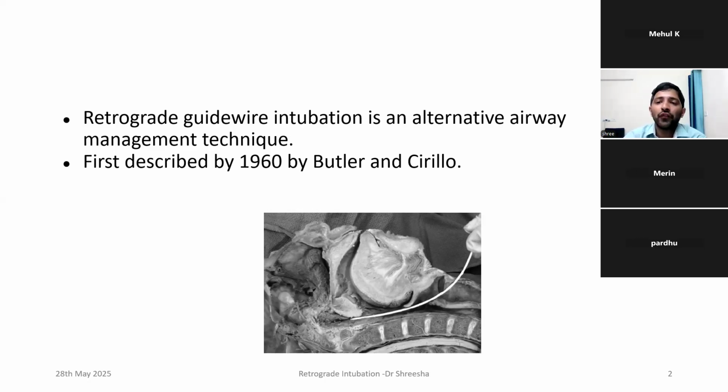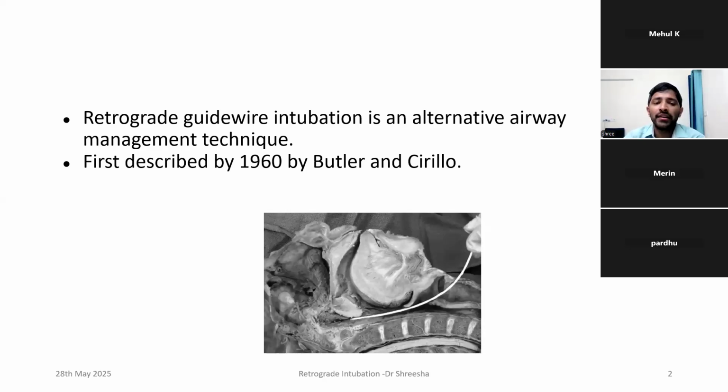It is also used as part of failed airway techniques, where we have attempted regular intubation and it's a grade 4 view and we are unable to pass the endotracheal tube, or we have secured a laryngeal mask airway after the failed airway and are further attempting to secure a definitive airway.